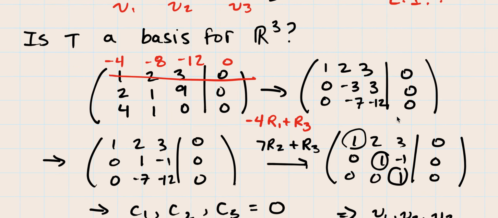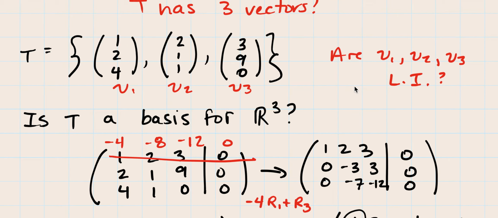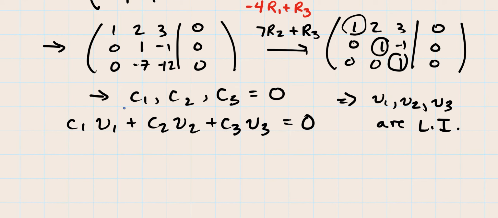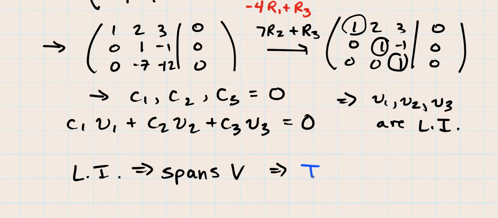And because they're linearly independent, then they span because there's 3 vectors, and that tells us that T is a basis for R3.